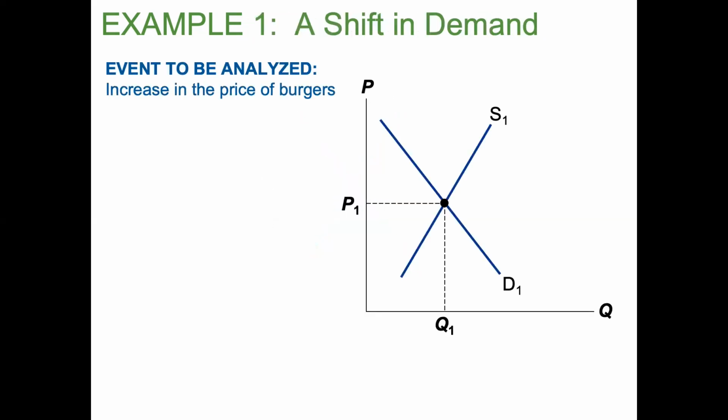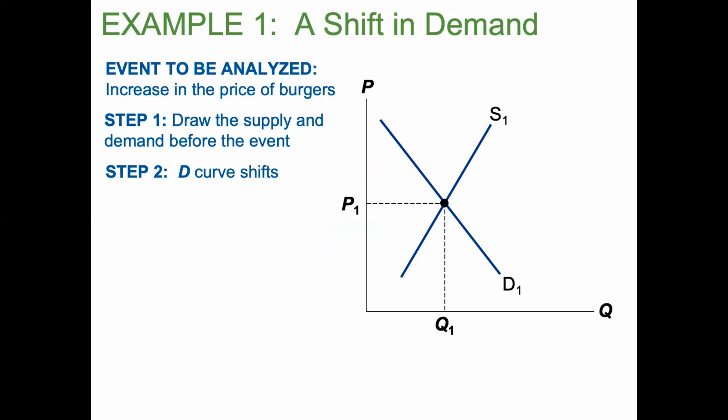Suppose there is an increase in the price of burgers. First, draw the supply and demand before the event, then decide whether the event affects the demand or supply curve. In this case, it shifts the demand curve because the price of burgers affects demand for pizza. It doesn't shift the supply curve because the price of burgers does not affect the cost of producing pizza.